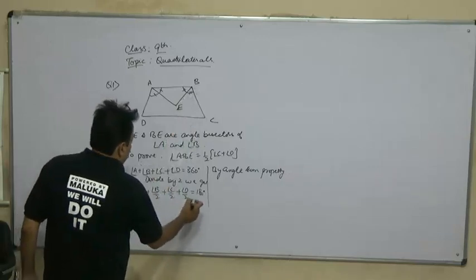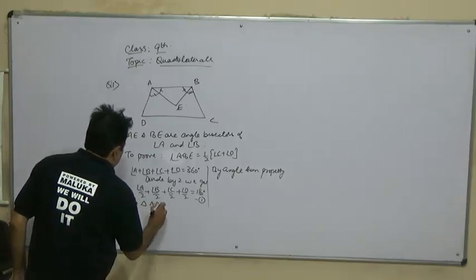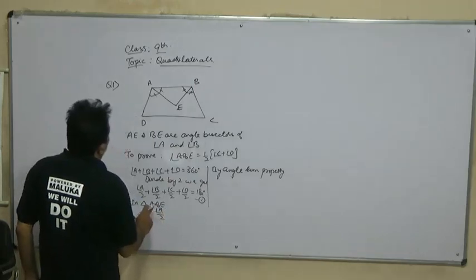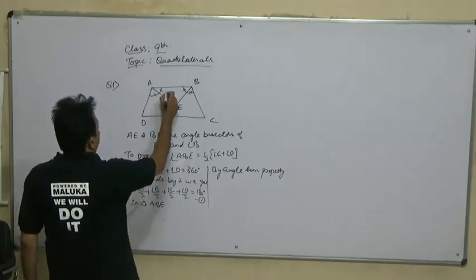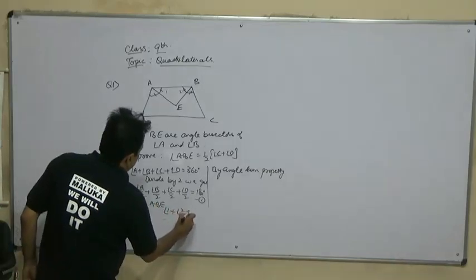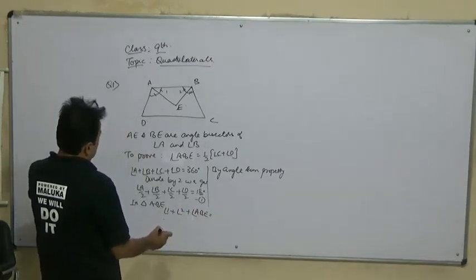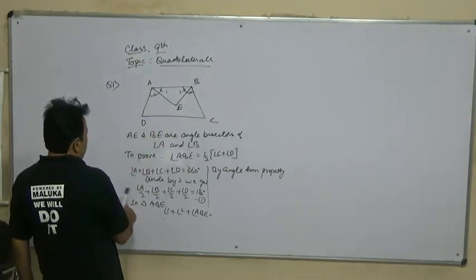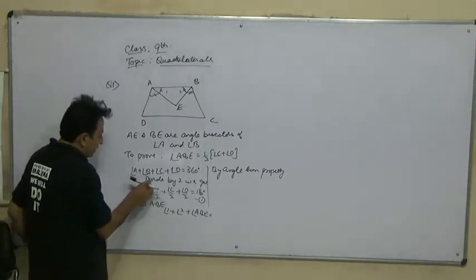Let this be equation 1. Now we take the triangle ABE. In triangle ABE, what have we got? Angle A upon 2, or we can say angle BAE. Let this be angle 1 and this be angle 2.